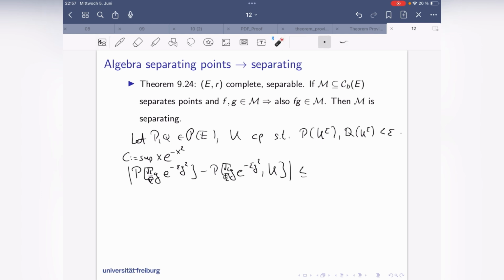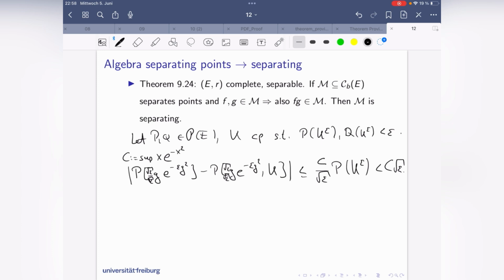Because as we see here, so here's the square of this here. So with this epsilon and this epsilon here, the function here is bounded by the C. I have to divide by square root of epsilon times the probability that I'm in the complement of K, which is smaller than epsilon, so that's smaller than C times square root of epsilon, which goes to 0. Or I can choose epsilon arbitrarily small. So that's one thing.